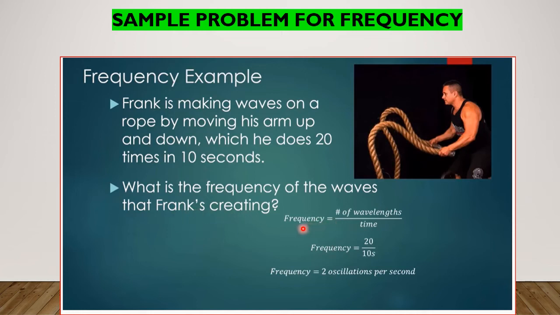From the equation of frequency, frequency is equal to the number of wavelengths divided by the time. Frequency is equal to 20 divided by 10 seconds. The frequency is 2 oscillations per second, or 2 hertz.